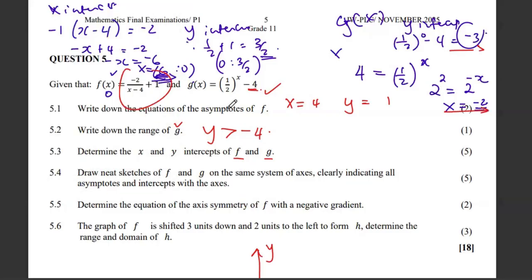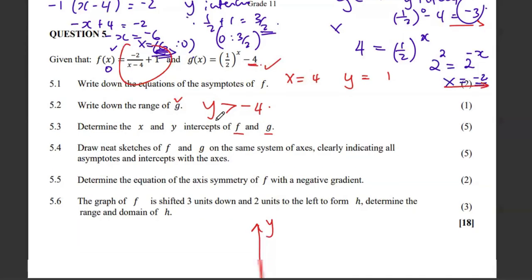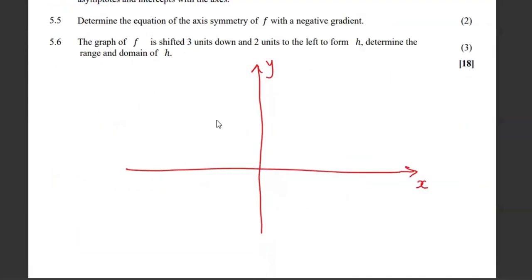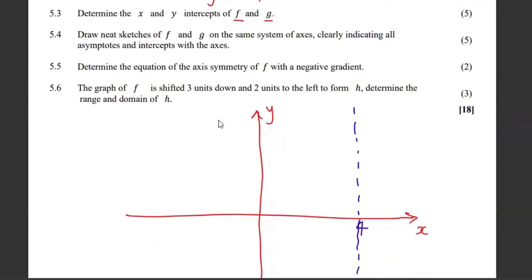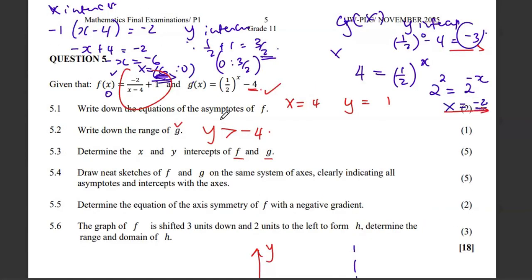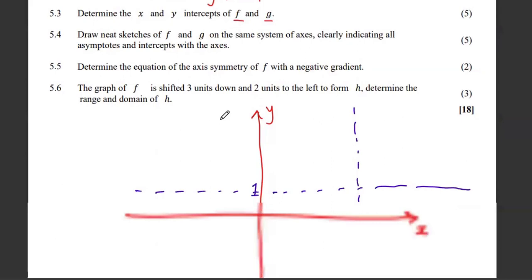So x = 4, which is somewhere there. And then y = 1, which is up here. And then the intercepts we got, remember our a is negative, so it should be quadrants 2 and 4.